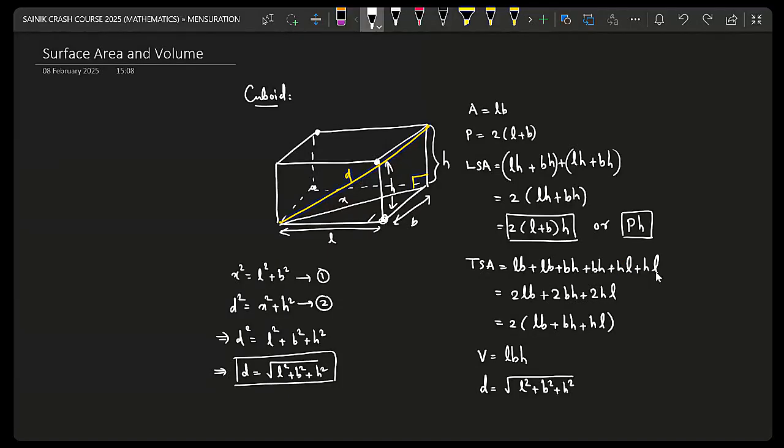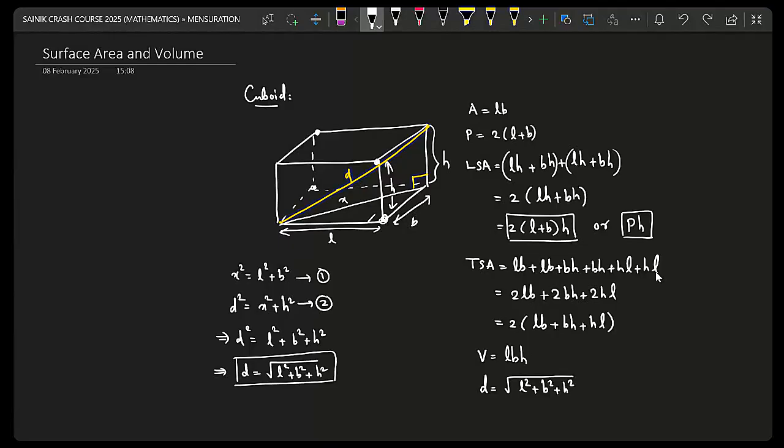Bhuvana, what is your doubt? Sir, what is meant by TSA? TSA means total surface area. In total surface area, all the surfaces we are going to add. How many faces are there for a cuboid? Sir, 6. 6 faces.